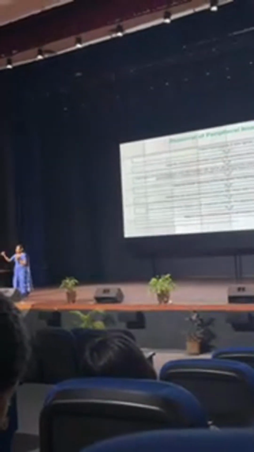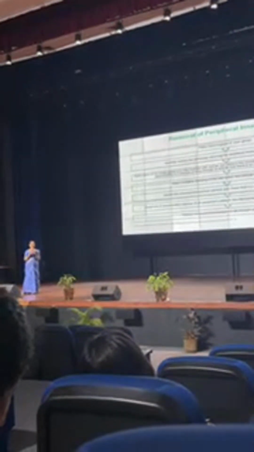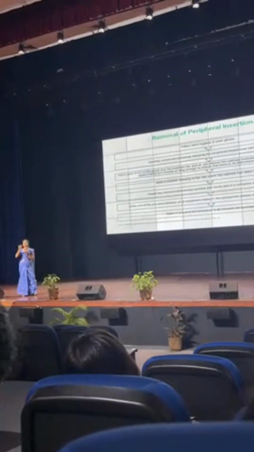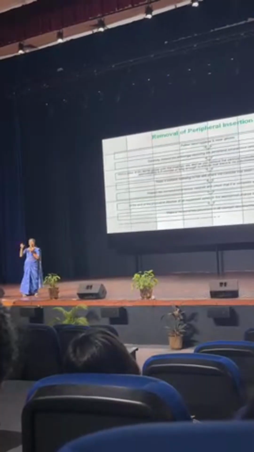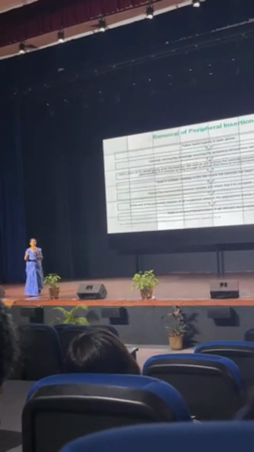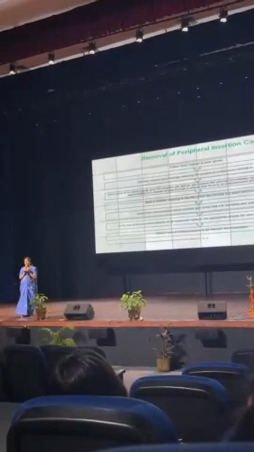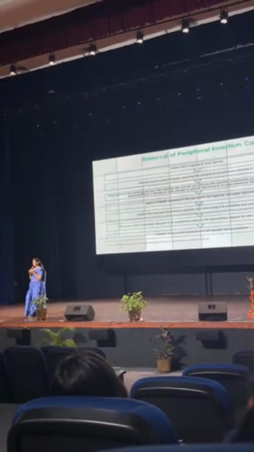VIP score should not be more than 2. Should not be more than 1. Yes. So can anyone tell me what is a VIP score? What is the full form of VIP? Visual infusion phlebitis scoring. Are you all following it? Yes. It is compulsory to follow.